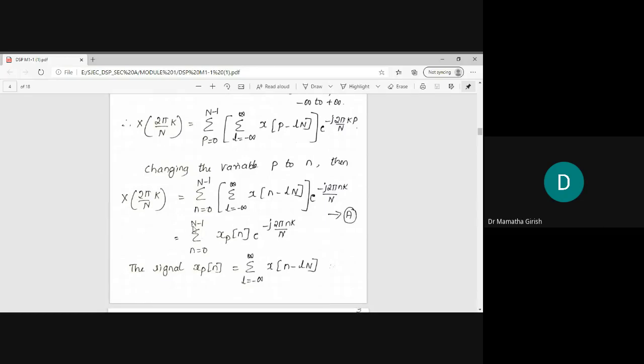This whole term will get replaced by X of 2 pi k by N from the result of equation A. Accordingly, the equation for Ck turns out to be equal to 1 divided by N times capital X of 2 pi k by N.